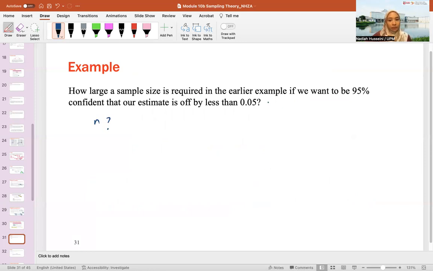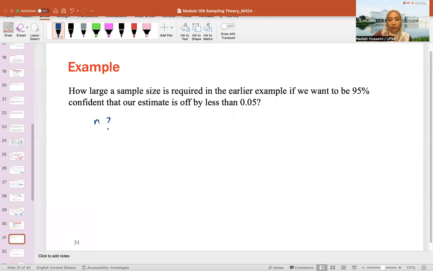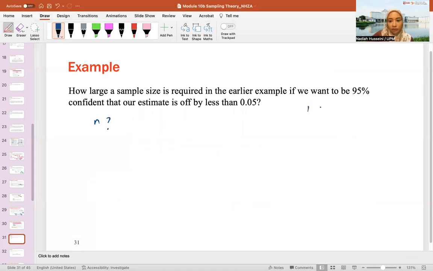In the earlier example, if we want to be 95% confident, so this is going to be a 1.96 z alpha over 2, that our estimate is off by less than 0.05, meaning plus minus 0.05. The same question that I asked earlier.